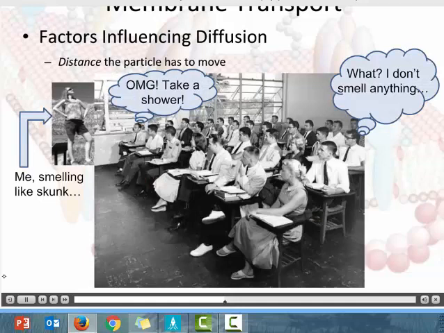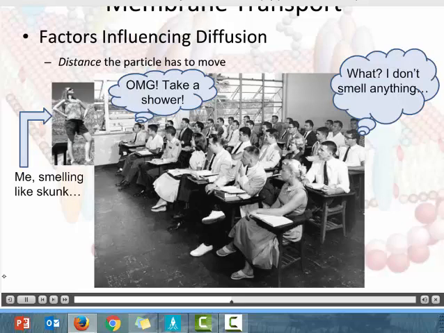But my feelings weren't hurt because I knew that a car is a very small space, and it would not take long before all of those wonderful skunk scent molecules spread throughout the entire car because it's a small space. Whereas if I walked into a classroom, our door is in the corner of our classroom, so if I walk into the classroom, the students sitting nearest me are going to smell the skunk smell fairly soon.